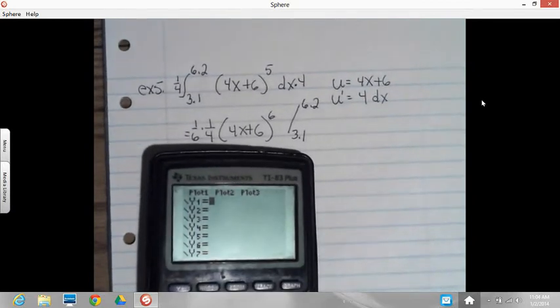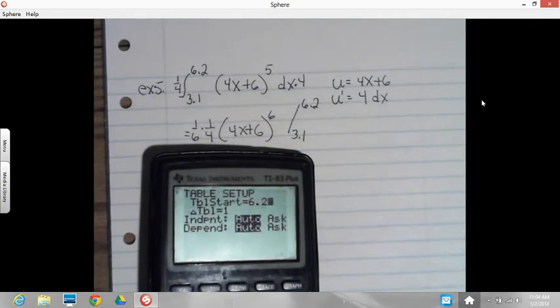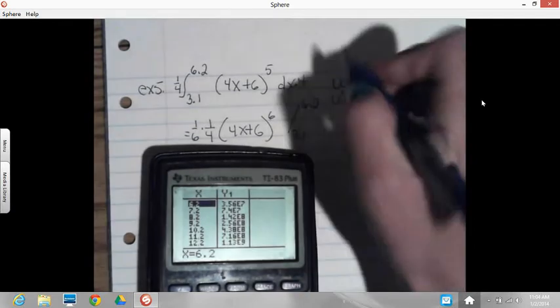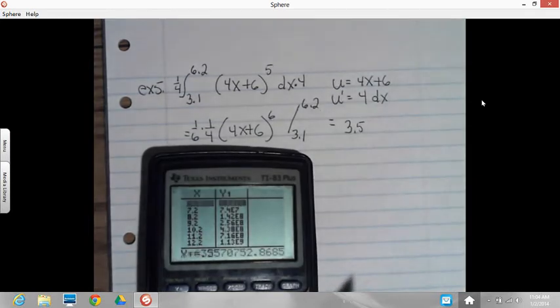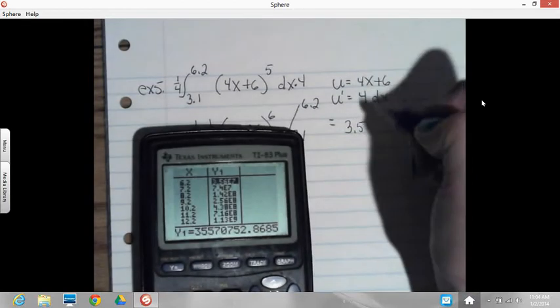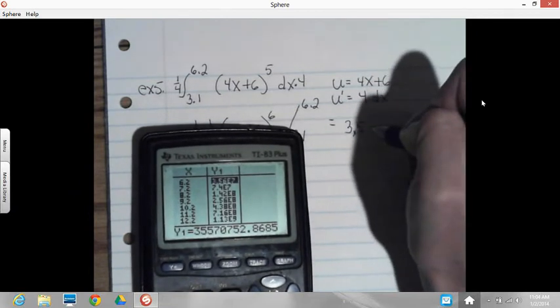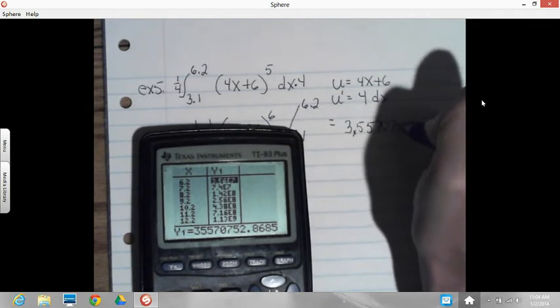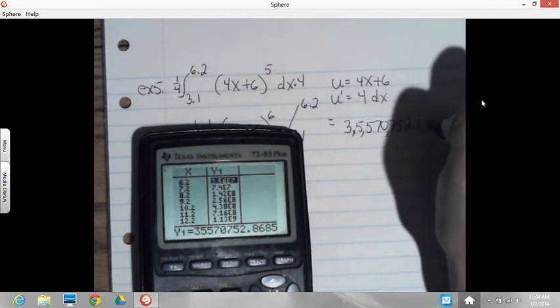So that's 1/24 times the quantity 4x plus 6 raised to the 6th. I want 6.2. So 6.2, you get 3.5. Oh, it's really big. It wasn't 3 point, yeah, that was in scientific notation. Let's see. Oof. 35,570,752. That was 35 million, 0.8685 minus.